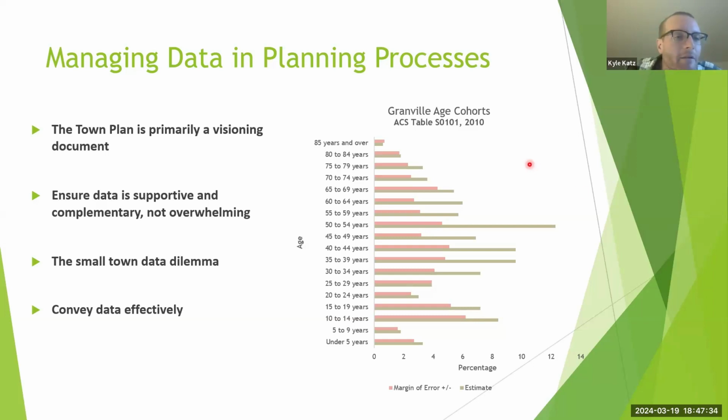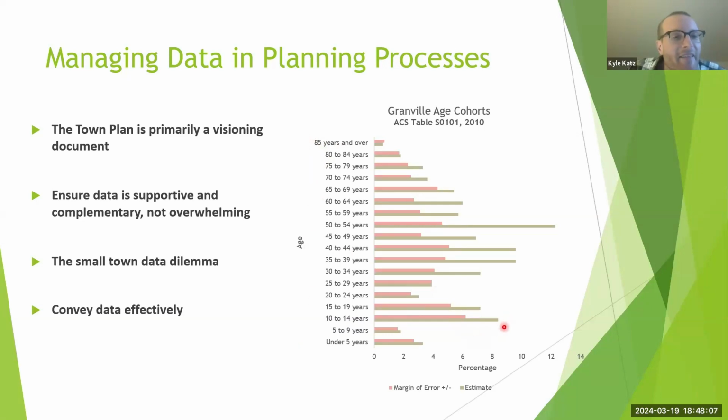And I've included just an age cohorts table, circling it with the laser pointer. This is from 2010, so nothing recent, but it gives an example. You've got the estimate, the green bar, for different ages in Granville, so you've got under 5 all the way up to 85 years and older.